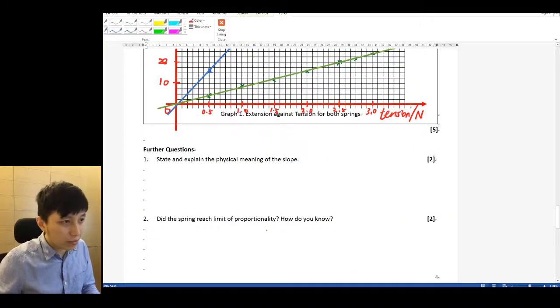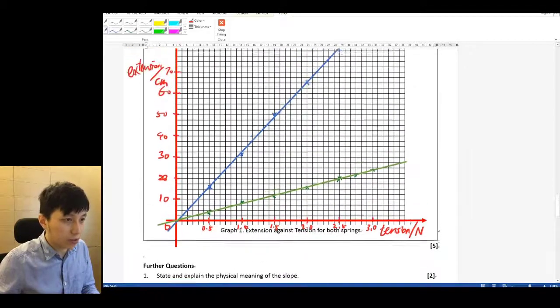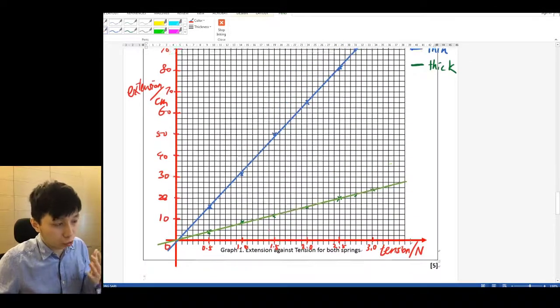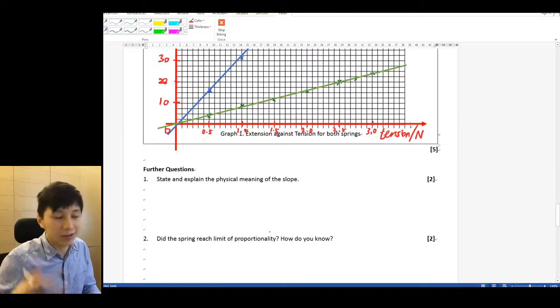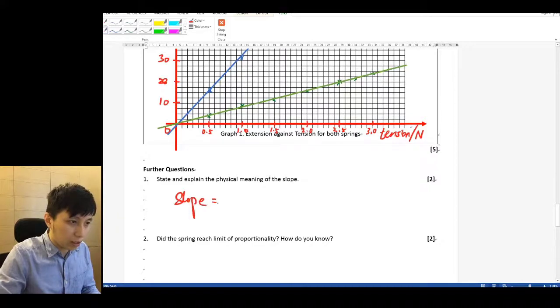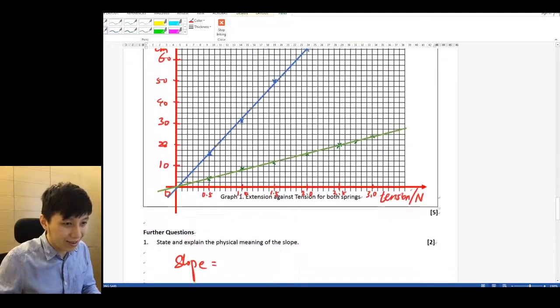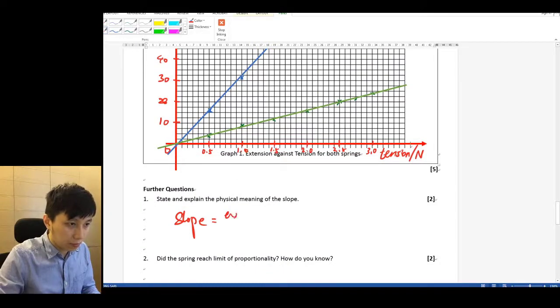So question 1, state and explain the physical meaning of the slope. Without recalling, what you should do instead is derive it. When you look at the graph, you should be able to say the slope is rise over run, and that physically means extension over the tension.